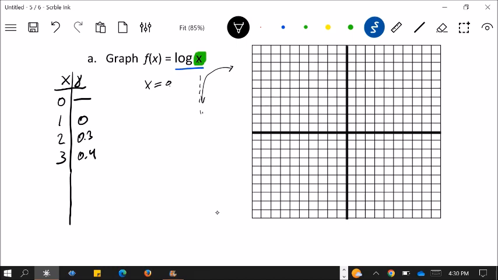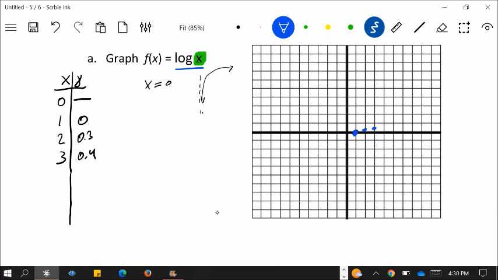Now, let's graph that 1 and 0. Oh, I put it in the wrong place there. 1 and 0. I think I'll use the blue one for it. 2 and 0.3 is just barely above it. 3 and 0.4 is just barely above it. I guess about halfway to there.